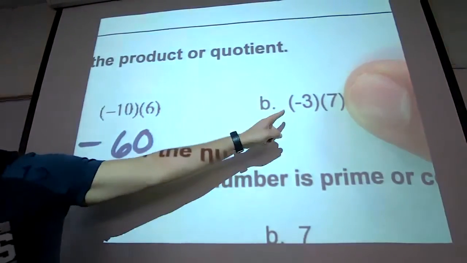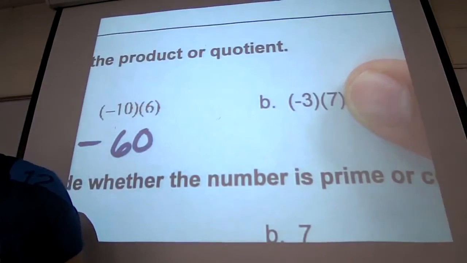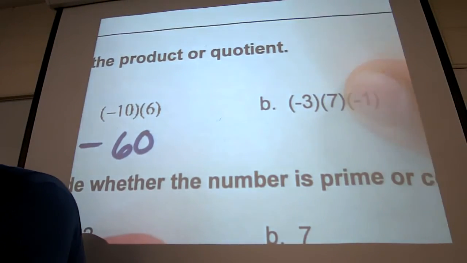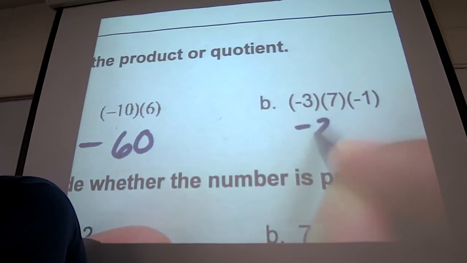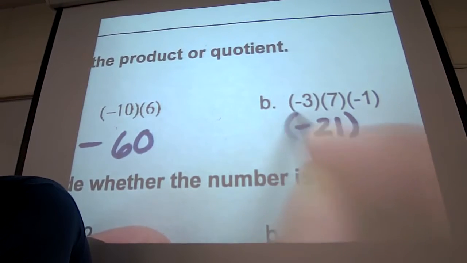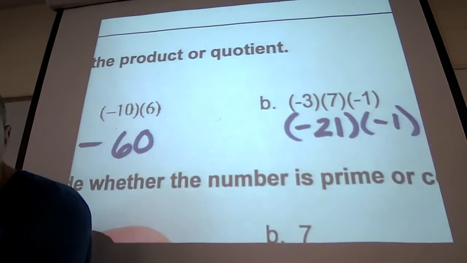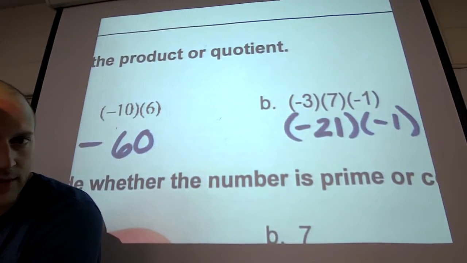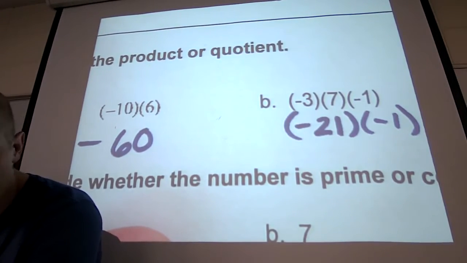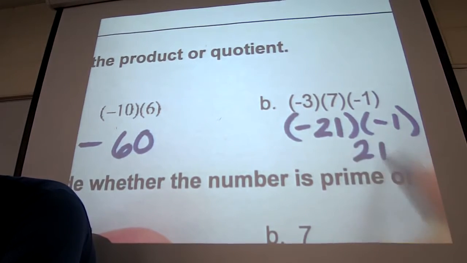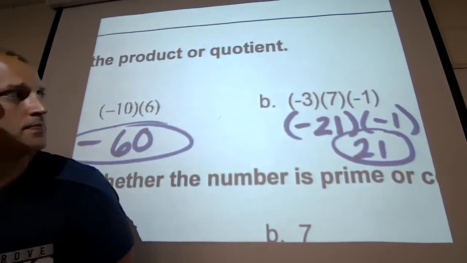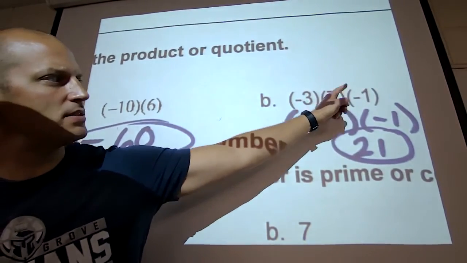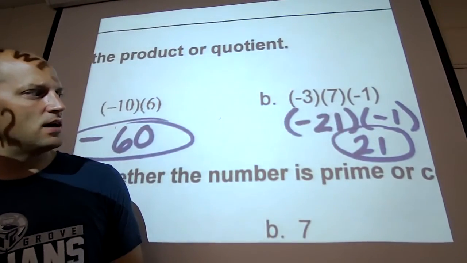So now I have negative 3 times 7. Negative 3 times 7 is negative 21. And now times negative 1. So now I have a negative times a negative, which is a positive, and then 21. Okay? So negative times a negative is a positive.